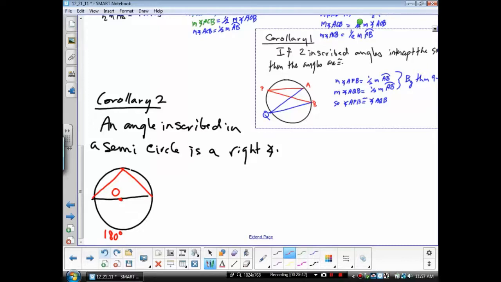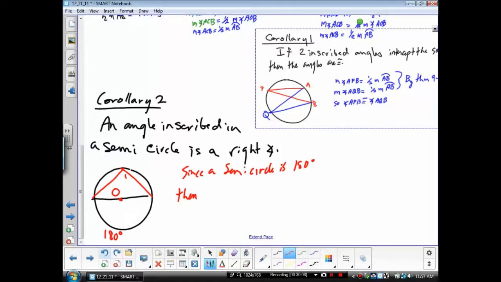So since a semicircle is 180 degrees, then I know the measure of this angle has to be half of that.